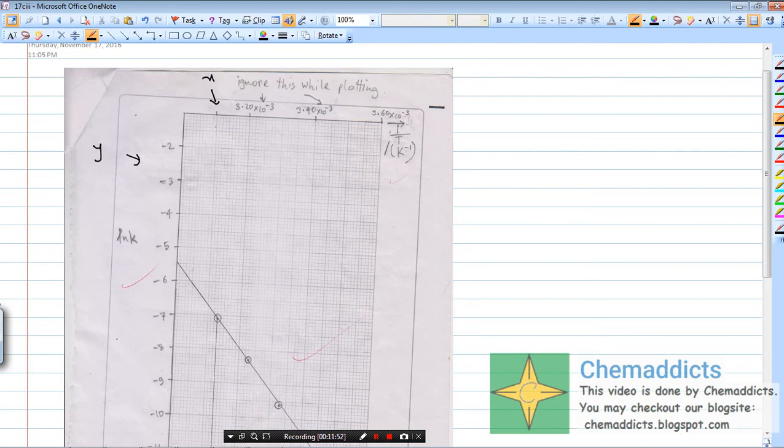We have labeled the x-axis on the top and the y-axis on the bottom. On the y-axis this is ln k, and on the x-axis this is 1 by t, or per Kelvin.